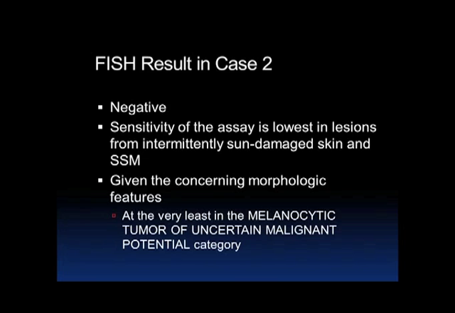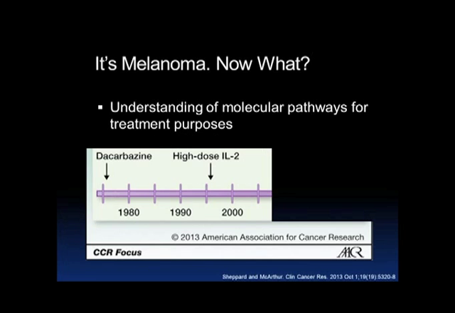But as I mentioned, the sensitivity for lesions on intermittently sun-damaged skin is lower than on the sun-damaged skin. And since the consensus was that the morphologic features are actually concerning, this was actually signed out as a melanocytic tumor of uncertain malignant potential, at least, so a MELTUMP, which still didn't help us that much in that sense.